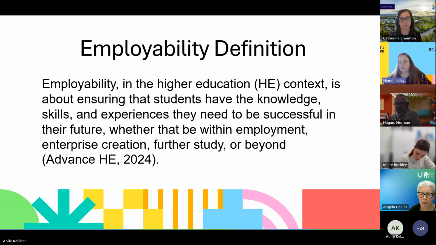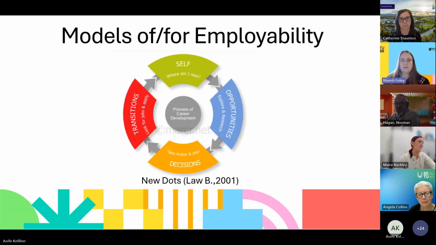So the next few slides are going to take us through some of the models of and for employability. You might be familiar with this one below, and I suppose it recognises the dynamic and ever-changing nature of the work environment and the process. The dots stand for the decisions. What decision-making skills have our students learned?